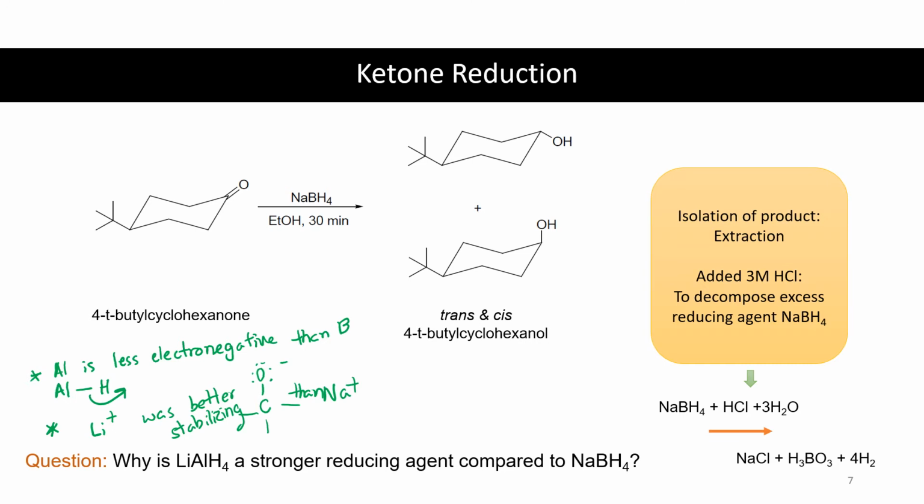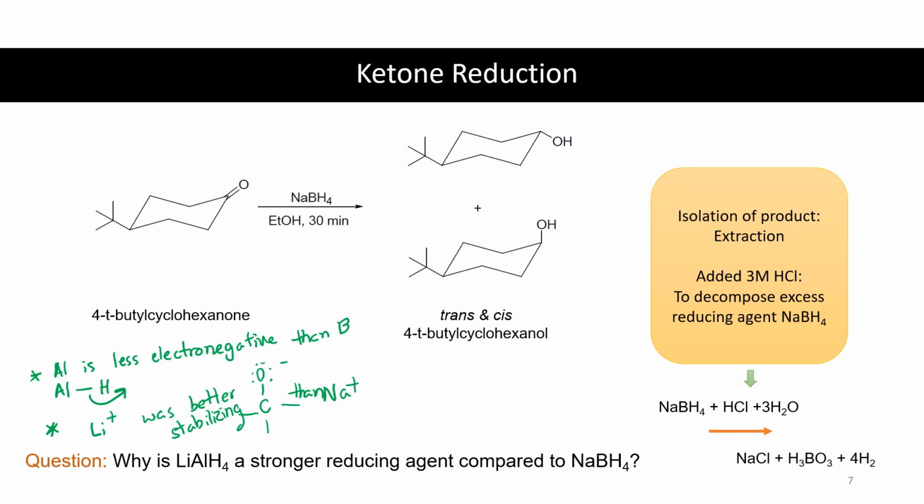The more resonance structures, the more stable the compound is. So you would need a stronger reducing agent to reduce those kinds of carbonyl groups compared to ketones and aldehydes, which have fewer resonance structures, so they're more susceptible to being easily reduced.